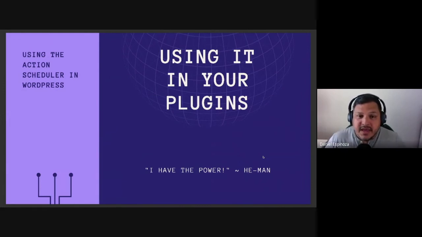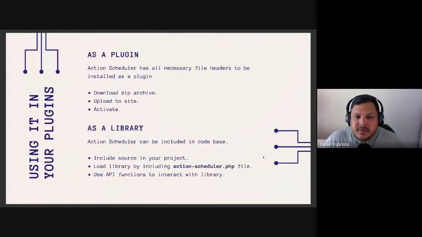Okay, so if you like what you see and you think you can use it in one of your applications, then here is how you go about using the Action Scheduler in your plugins. As I mentioned before, Action Scheduler is set up so that a zip file can be downloaded from the GitHub repository, uploaded to your site and activated, and then you have Action Scheduler running on your site, and you can use the API to interact with it, to schedule actions to be run in the future.